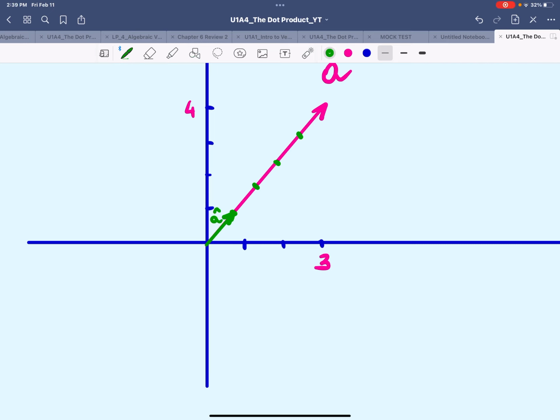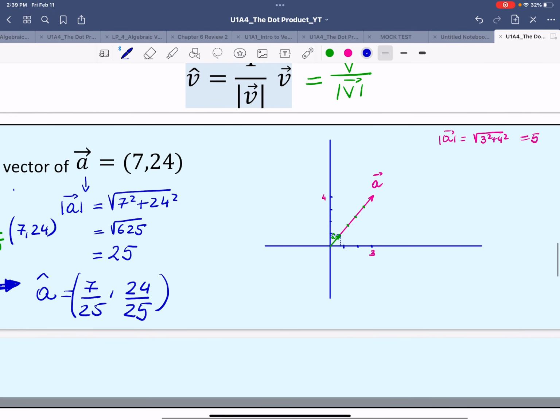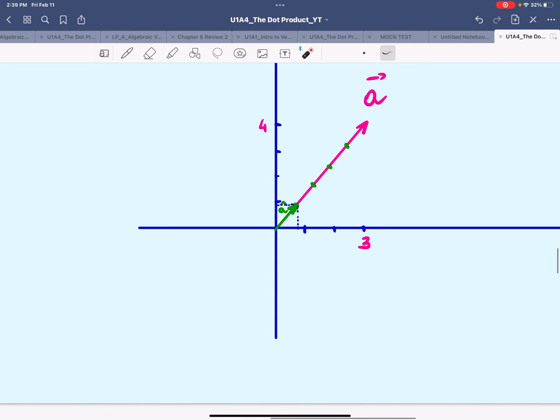So if you look at the coordinates of the little a here, you can tell that the x component and the y component of this will be less than 1. And you can tell that 7 over 25 obviously is less than 1, and 24 over 25 is less than 1. And again, the scaling is not perfect, but the idea should be there.